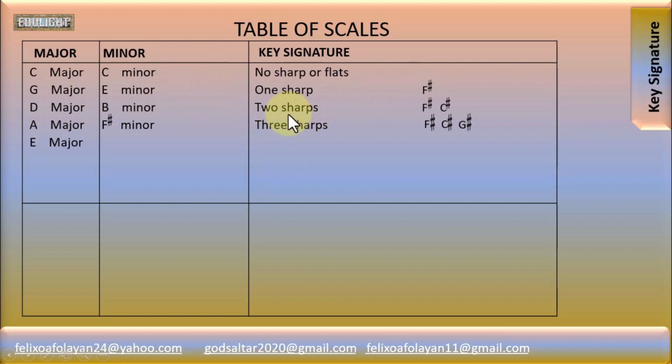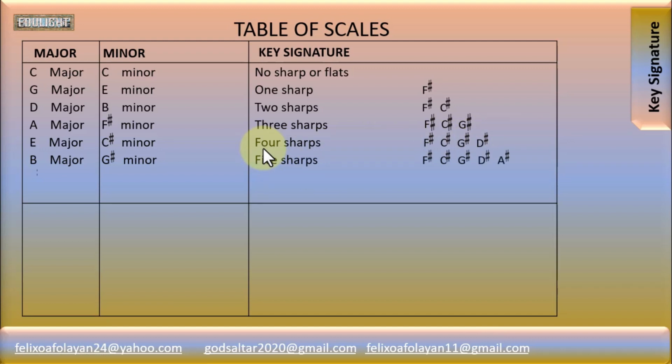D major has 2 sharps. A major has 3 sharps. When you see 3 sharps, that means the piece of music is telling you you are reading A major. And E major has 4 sharps, that is telling you that it is E on the paper.